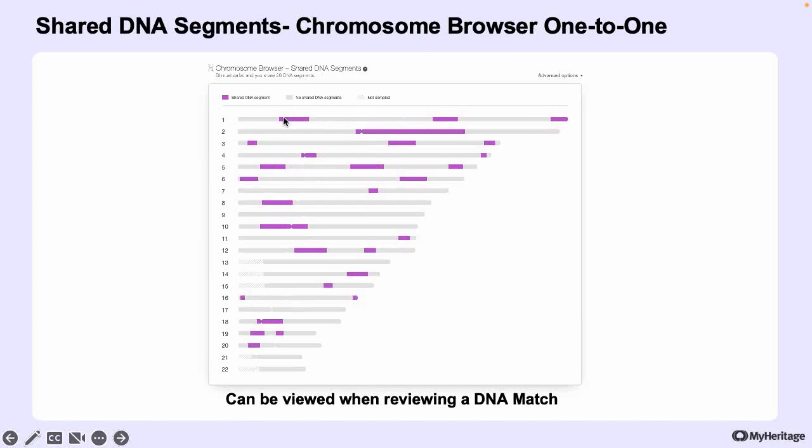The purple parts are the shared DNA segments I have in common with my DNA match. Gray means these are the locations that we don't share. You can use that to see which DNA segments are shared between you.